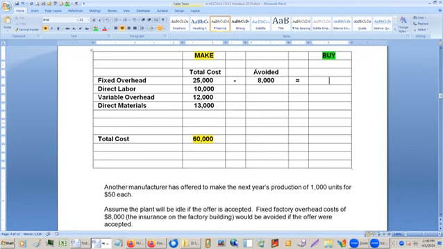So if we buy it, our fixed costs are going to go down to, you should know this, 17,000. Okay, if we're not making anything, what would our direct labor be? How much?